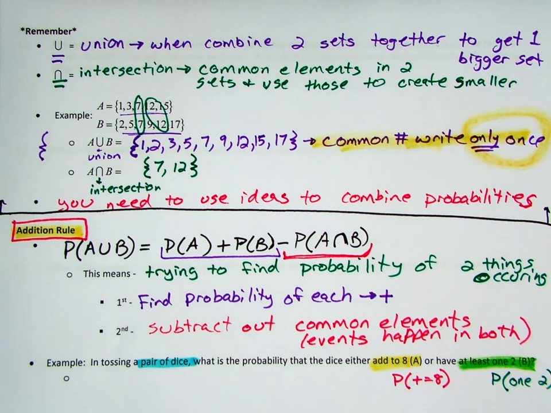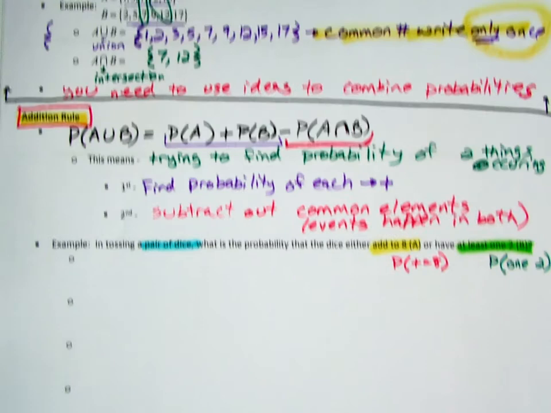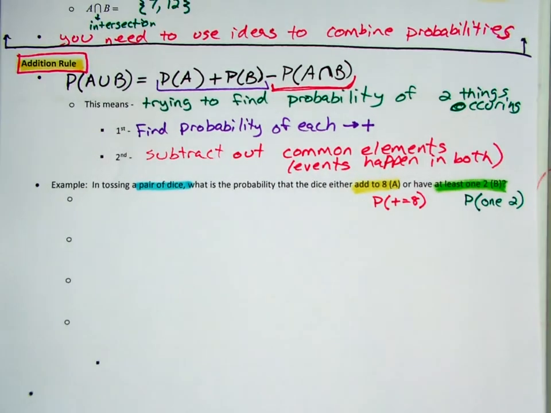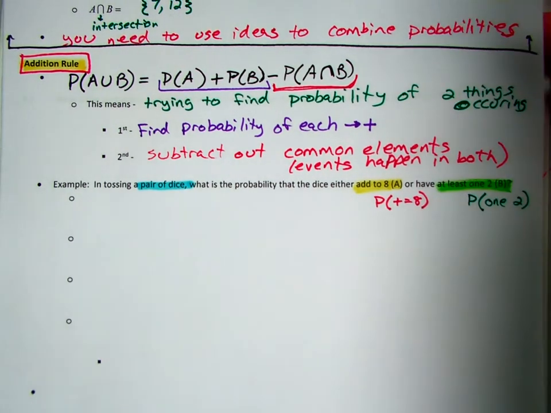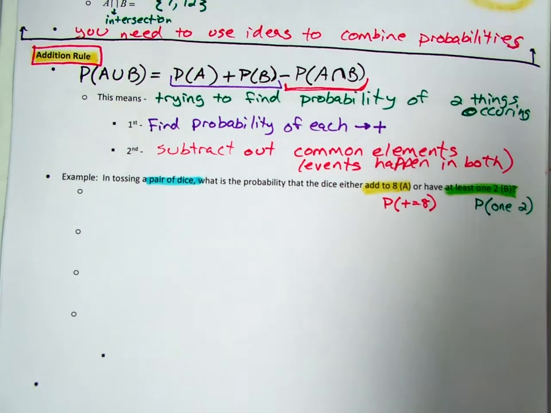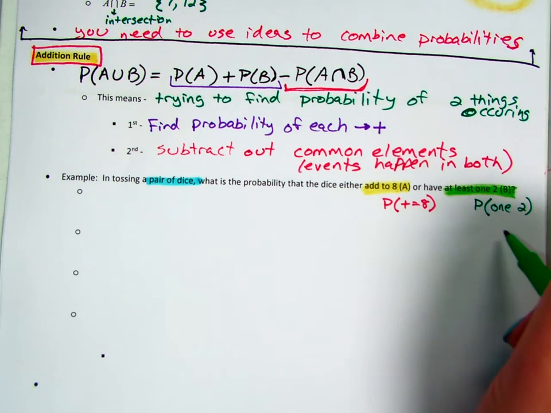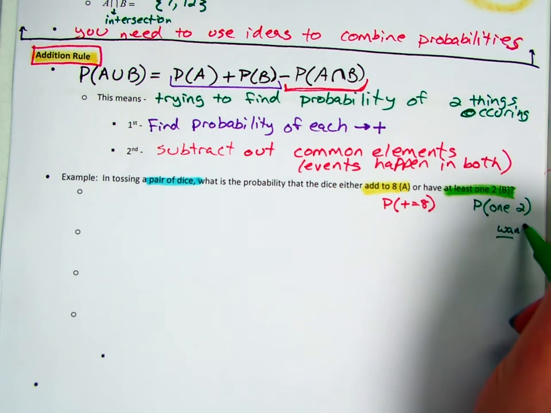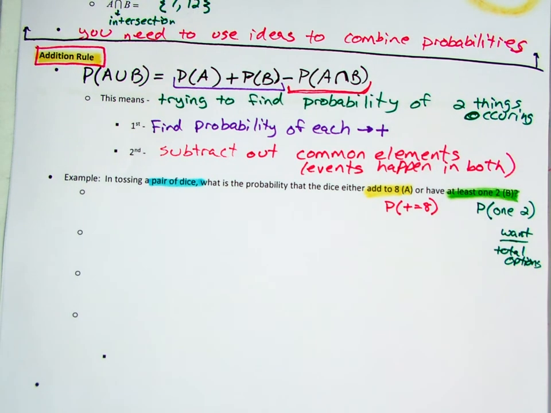So if I'm going to find the probability, and we're talking about dice, then we again need to know probability is what you want divided by the total number of options, or the total events. So we need to find those total events.